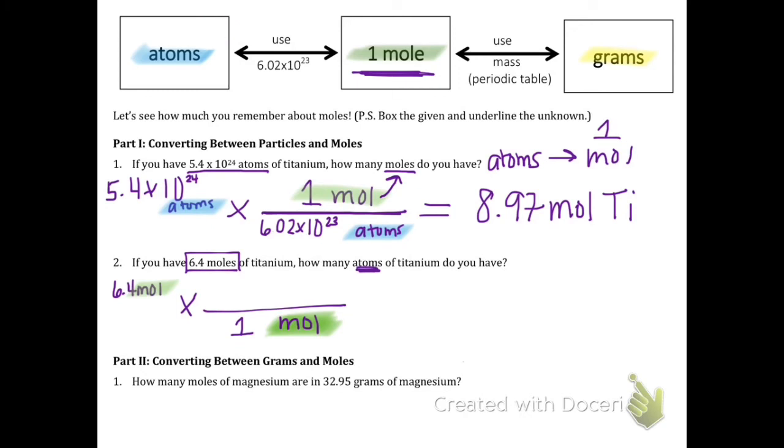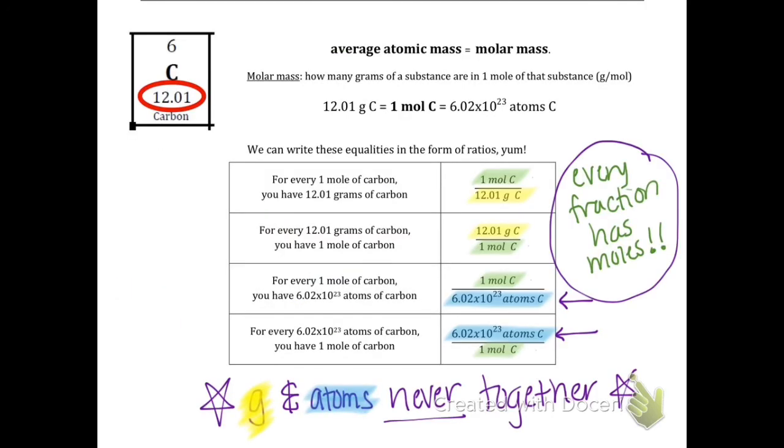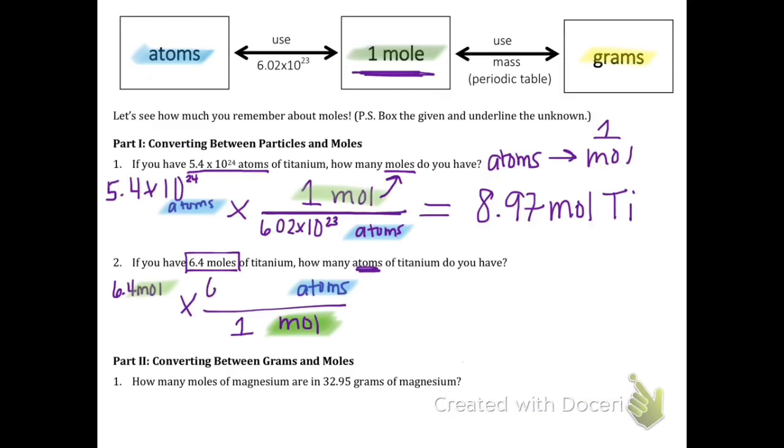Remember? So I'm going to write atoms here. And that's blue, right? So we colored it blue. Now every time you see the word atoms, what number are you going to use? Atoms always has 6.02 times 10 to the 23.